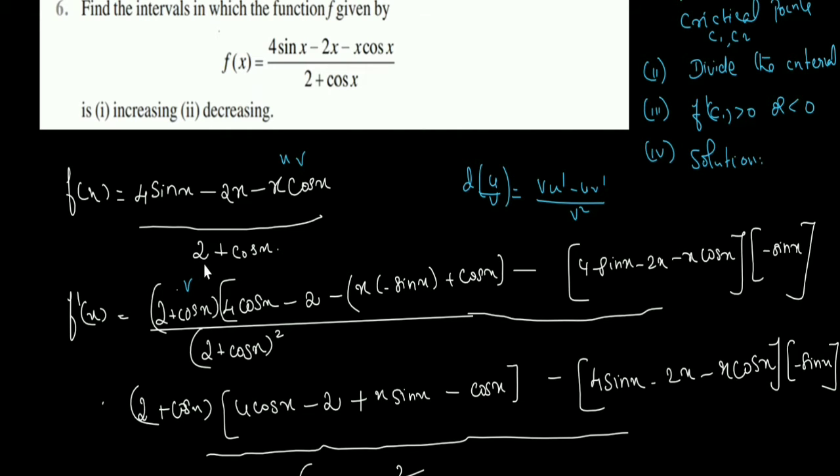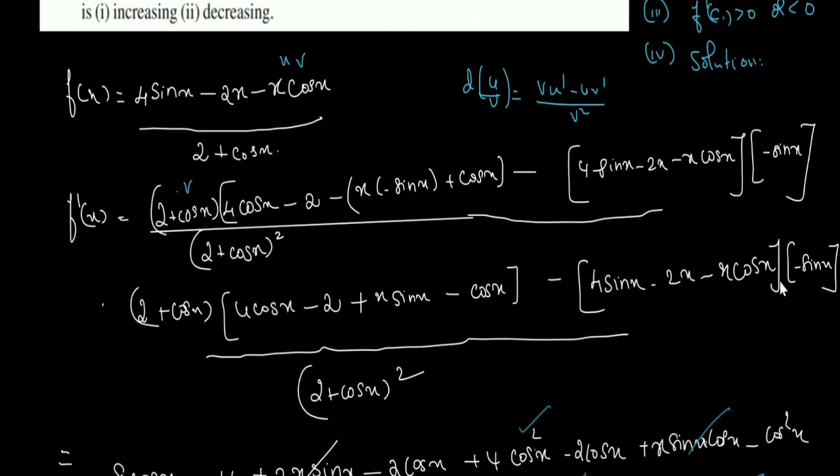Differentiate 2, that is 0. Cos x is minus sin x. Now open the bracket. 4 cos x minus 2 minus into minus plus x sin x minus cos x, minus 4 sin x minus 2x minus x cos x into minus sin x.